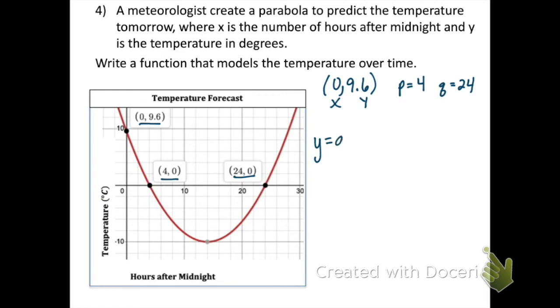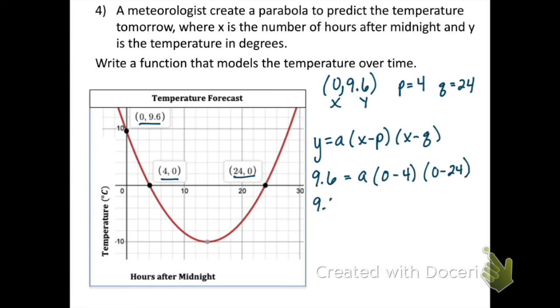Next, we're going to write out the formula that we're using, which again is intercept form. And now we're going to plug in our X, Y, P, and Q. Start with inside the parentheses.